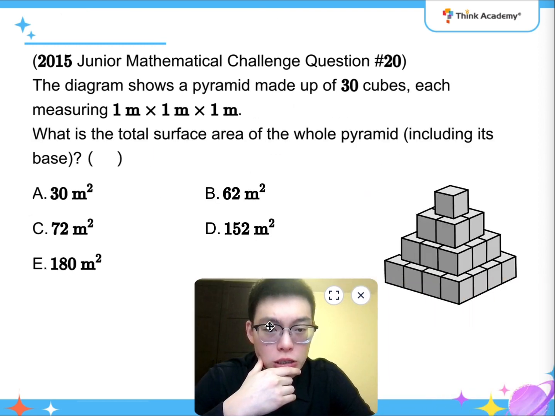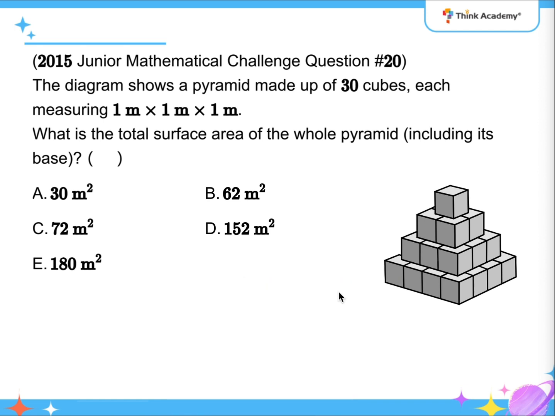And then for question number 20, I guess I need to hide my head for now. This is a geometry question on surface areas. To be specific, it would be using the three views analysis.